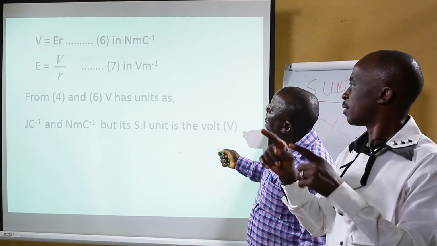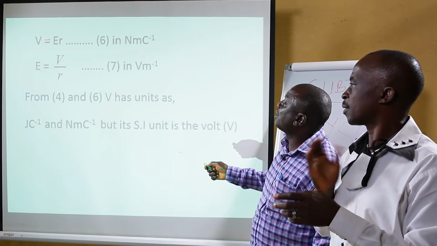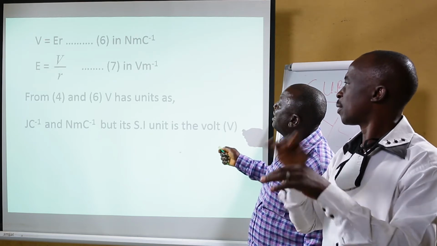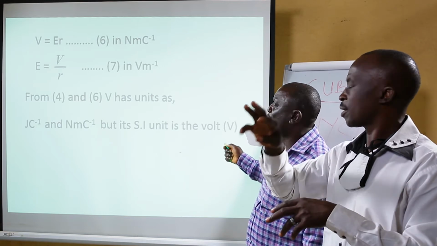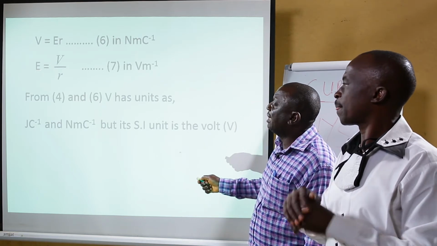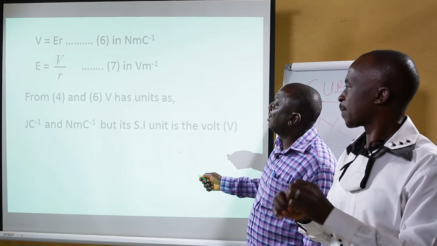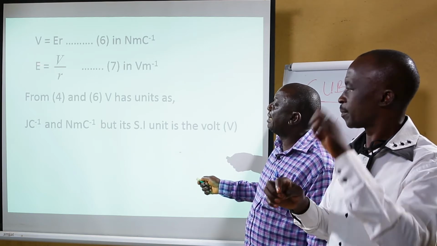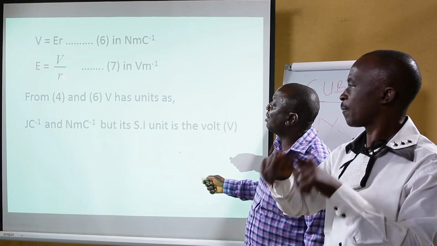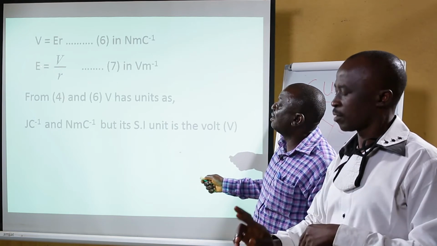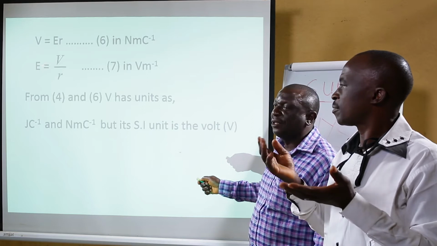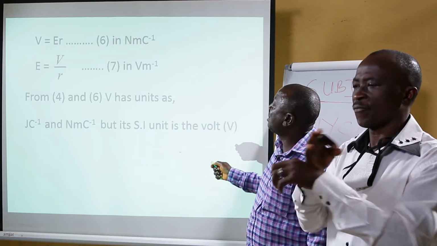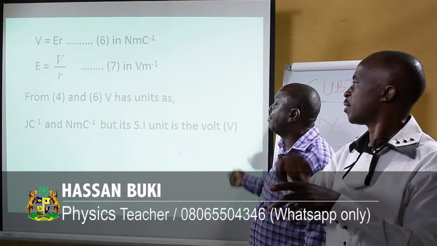And in this case, our electric potential will be in Newton meters per coulomb. Now, electric field intensity E, from here, if we make E the subject of the formula, we will now have capital E equals V over small r. And in this case, our electric field intensity will be measured in volts per meter.